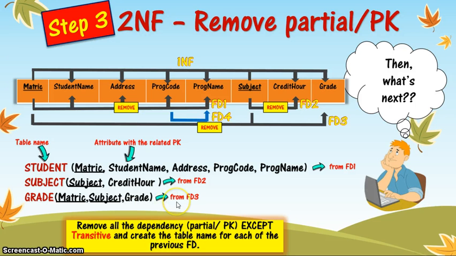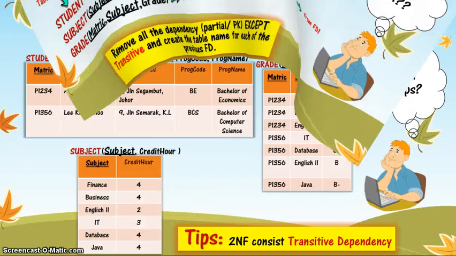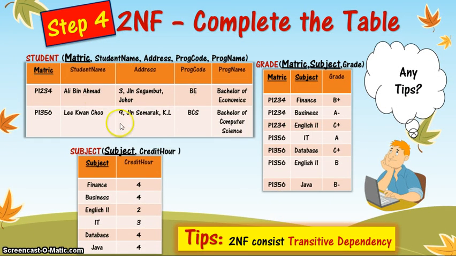This is from FD3. Just remove all the dependencies except transitive, right? Okay, complete the table. You have to complete the tables student, grade, and subject. You can see that you don't have any redundancy in each table.